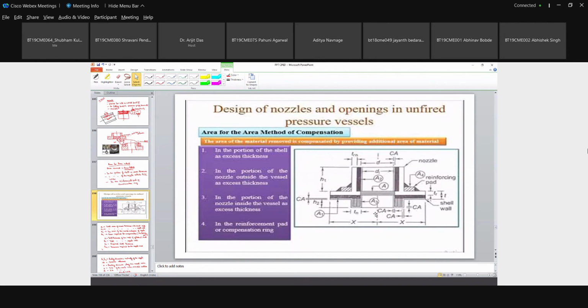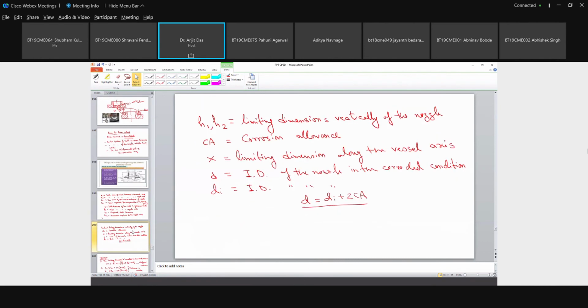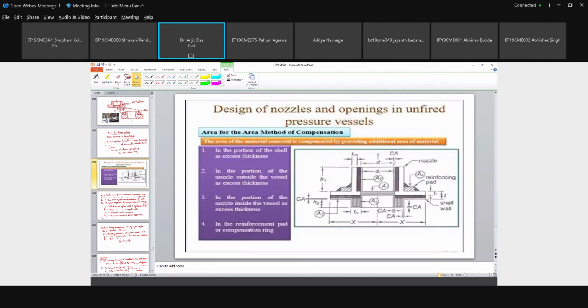H2, yes, sir. Limiting dimensions vertically of the Gaussian. You write down, I will explain all this. You just write it down. If I have time, then I will complete it today, or part of that I will continue next day.